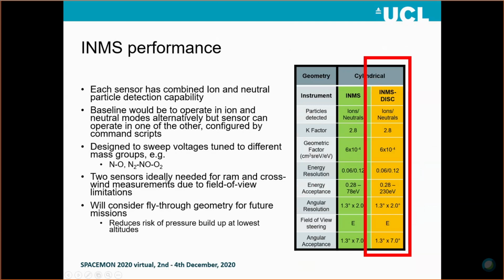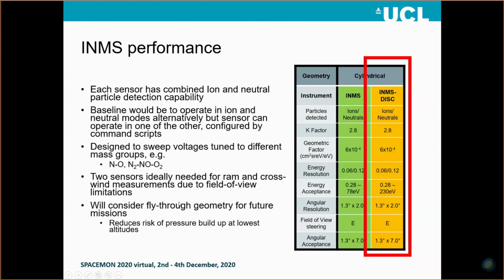And as I said, it's designed mainly to monitor the dominant species, and we have the capability to be focusing on, let's say, the NO mass group or the N2O NO mass group, or both, in fact, depending on our cadence requirements. More recently, we've also added RAM and crosswind capability, and that's implemented in Discoverer. So I'll talk about that a little bit later.